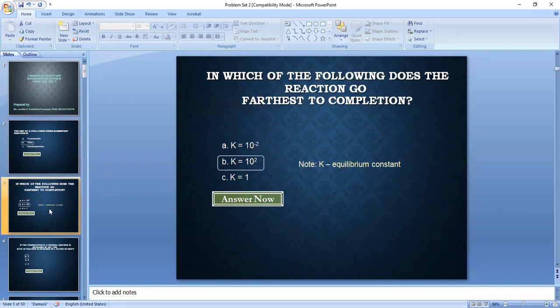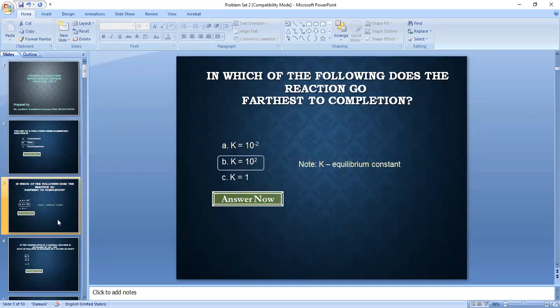Okay, in which of the following does the reaction go farthest to completion? So the given choices are all equilibrium constants. And we have learned that the greater the value of the equilibrium constant, the more difficult it is for the reaction to be 100% completed or to have an XA equal to 1.